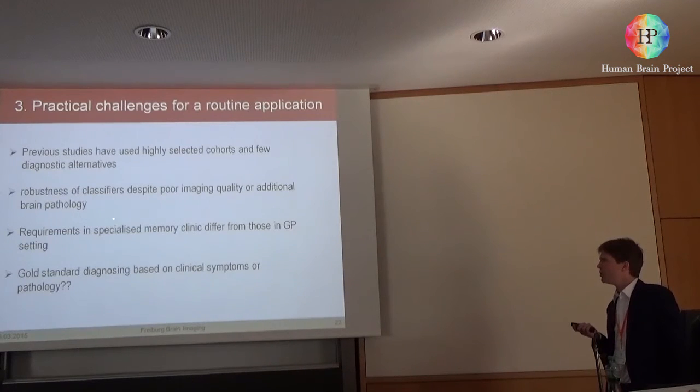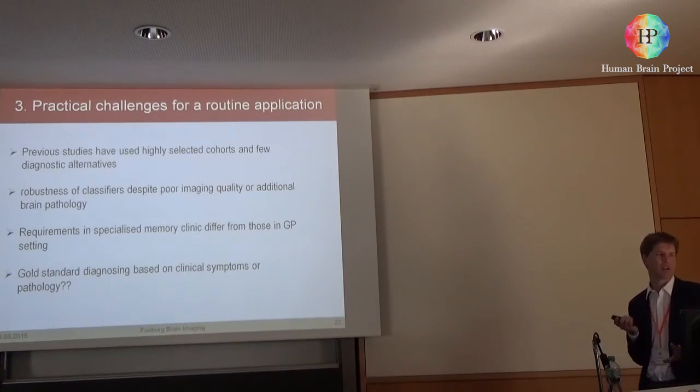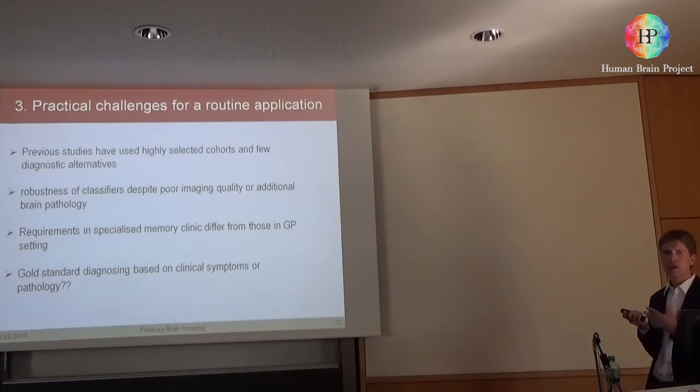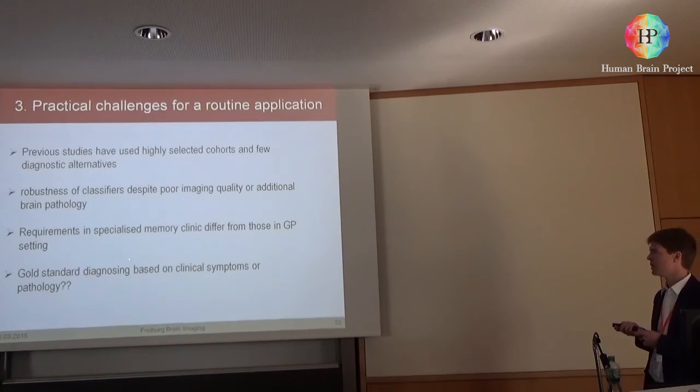And also I think the focus, methods-wise, has to be on addressing poor image quality and the presence of additional brain pathology. For example, about one third of Alzheimer's cases also have substantial vascular pathology, which on the one hand may influence the classifier accuracy, but also modifies the clinical representation of the disease.